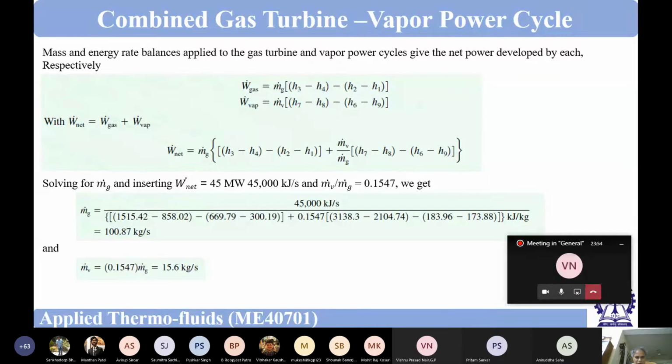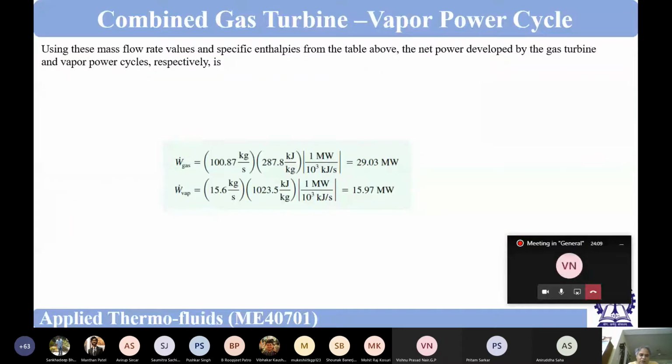Can you note this? Just see the mass flow rate. Mass flow rate of gas is 100, of vapor is 15 or 16. But power produced by gas is 29.03 and by vapor is 15.97. So the gas mass flow rate is quite high, and the gas turbine power plant has to handle a very large amount of gas.